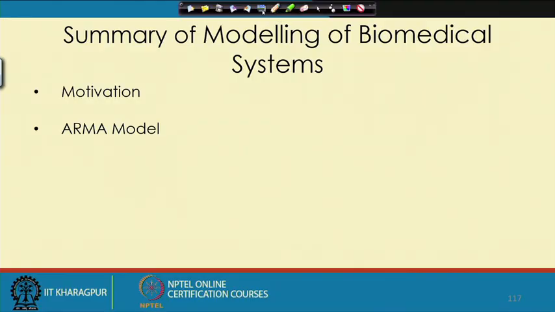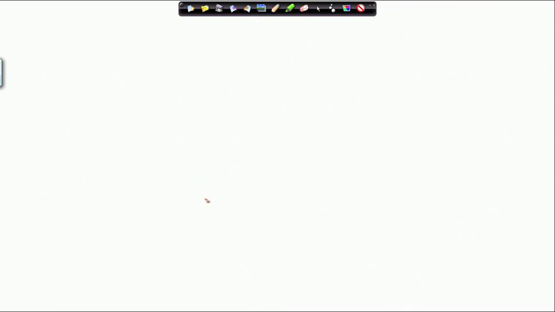Let us take an example. Say we have some points, and maybe another scenario, where this is the normal condition and this is the abnormal condition.